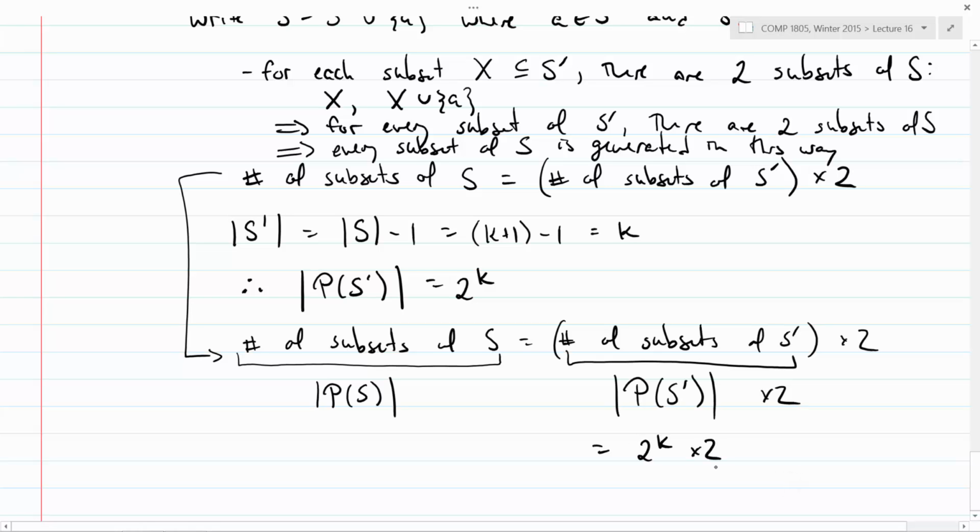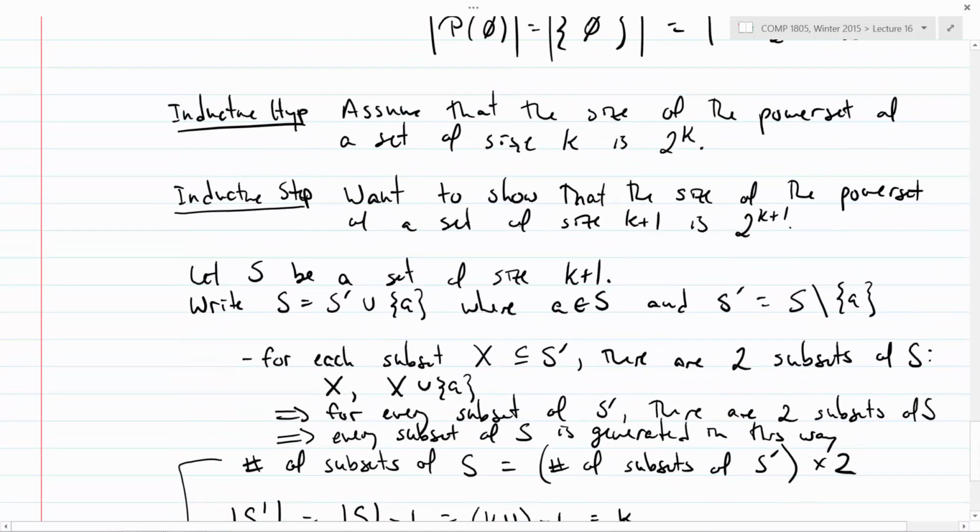And that's times 2. So that's 2 to the k plus 1. So this says that the size of the power set of S is 2 to the k plus 1. And if you look at what it is we were trying to show, it was exactly that. The size of the power set of a set of size k plus 1 is 2 to the k plus 1.